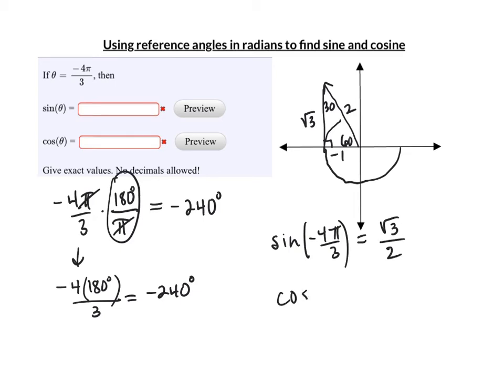The cosine of negative 4 pi over 3, cosine is adjacent over hypotenuse, and the adjacent to our reference angle is negative 1. That makes the cosine negative 1 adjacent over hypotenuse 2. So the cosine of negative 4 pi over 3 radians is negative 1/2.